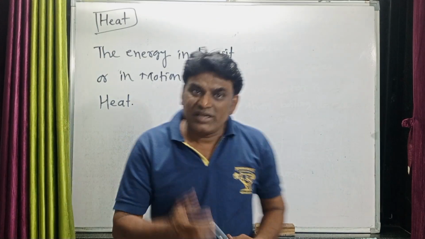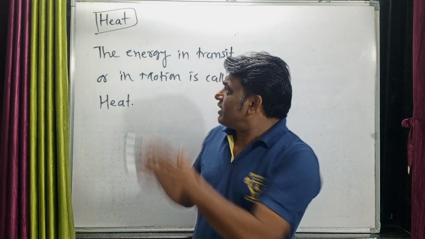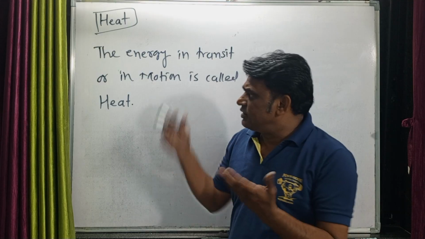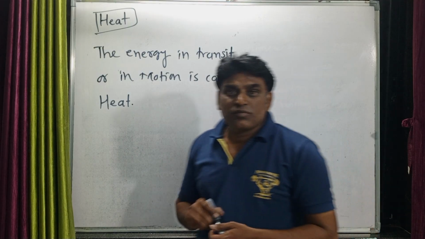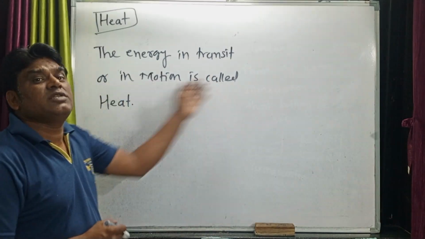The meaning of heat in detail we'll see again in the thermodynamics chapter. For the time being, just understand that energy which is in motion is called heat. It is measured in joule, or calorie in CGS. Now this energy is in motion, meaning it is in flow.